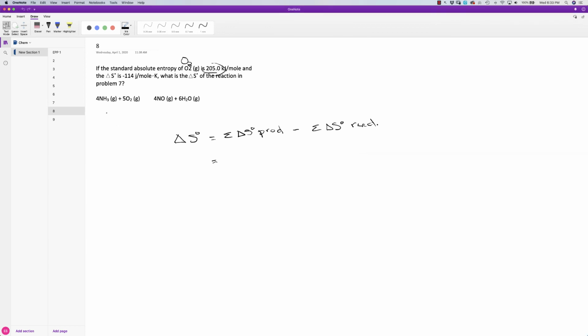So over here we have 4 of them, so that would be 4 times 193. Our oxygen, it told us, is 205.0. We have 5 of these at 205.0.